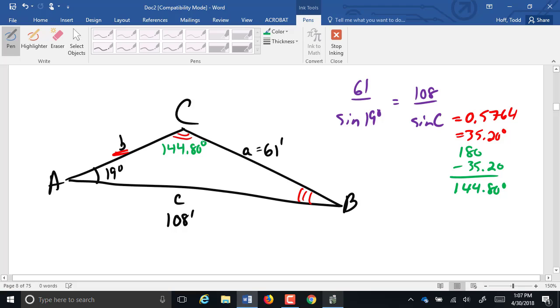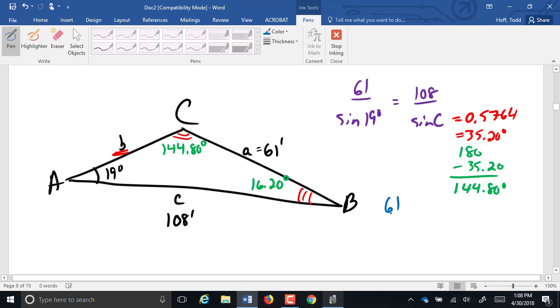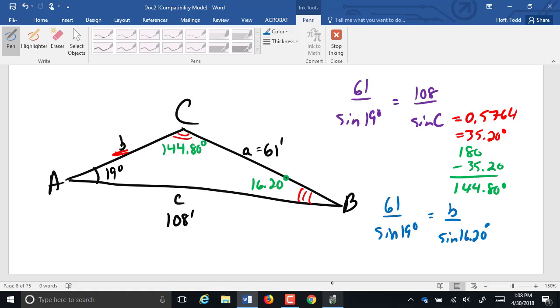So that means this one has to be 16.20, subtracting from 180. And then we're going to stick with the 61 over the sine of 19 equals B over the sine of 16.20 degrees. We're expecting this to be slightly smaller.